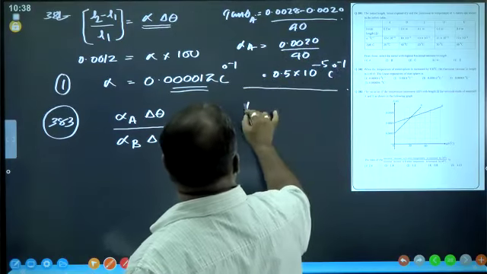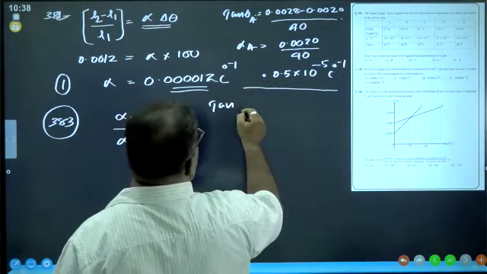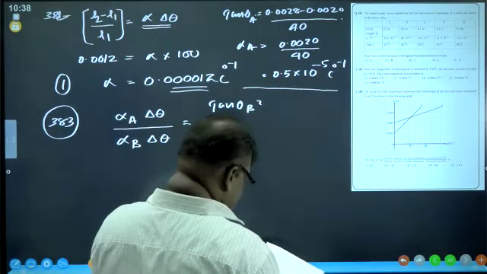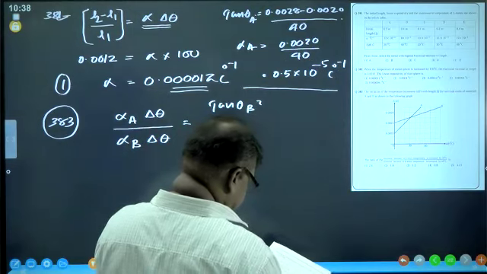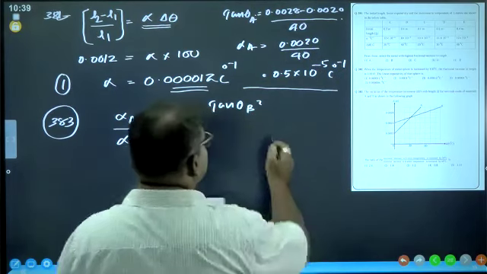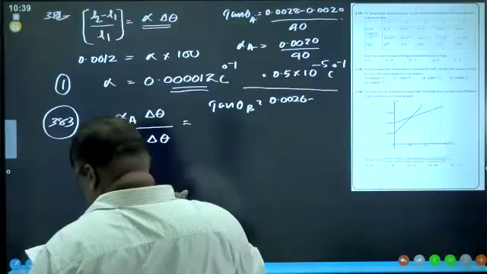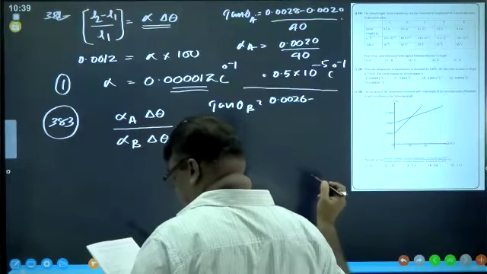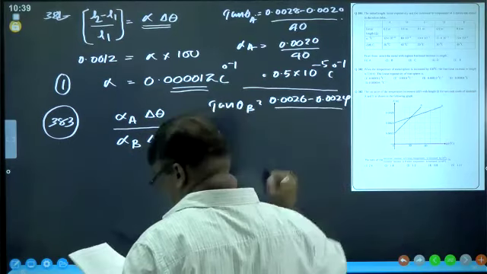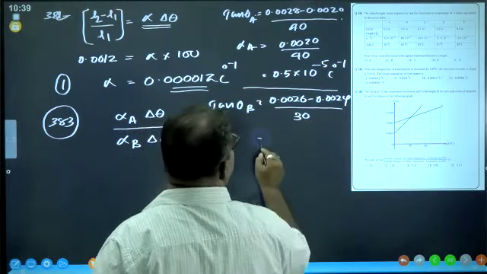Next, tan theta B, the second material. The gradient we can say is 0.0026 minus 0.0024, no? 0.0024 divided by 30 degrees Celsius.